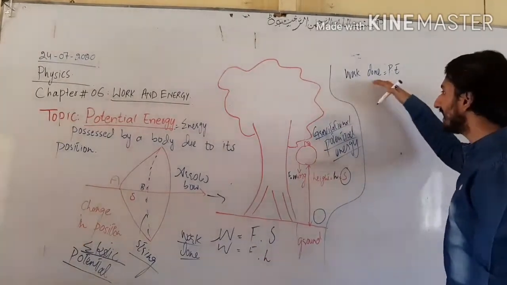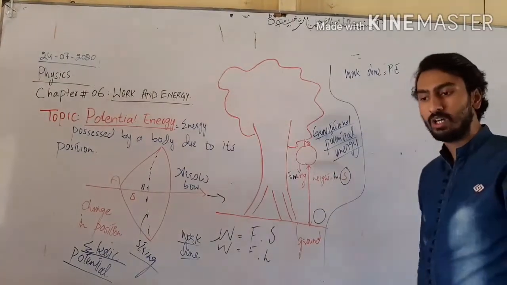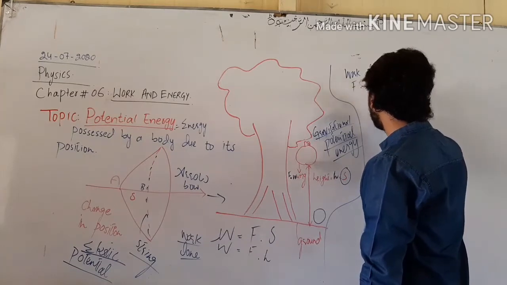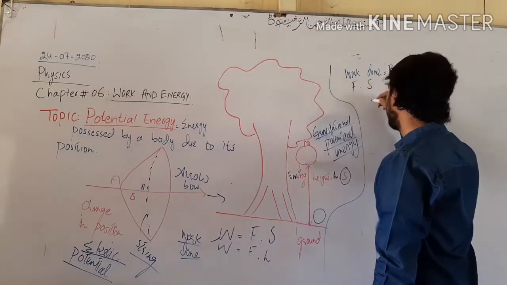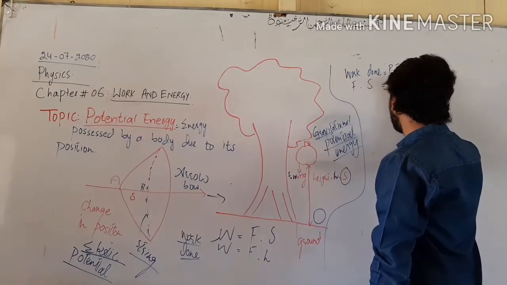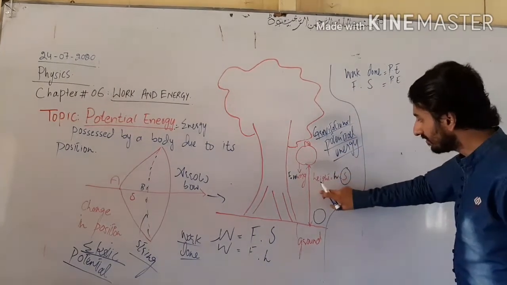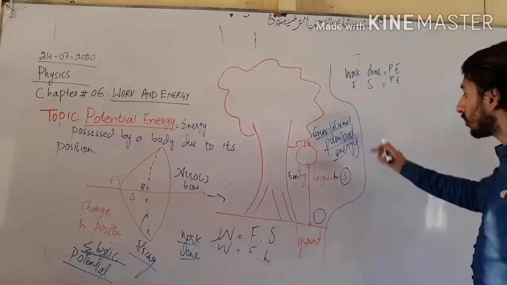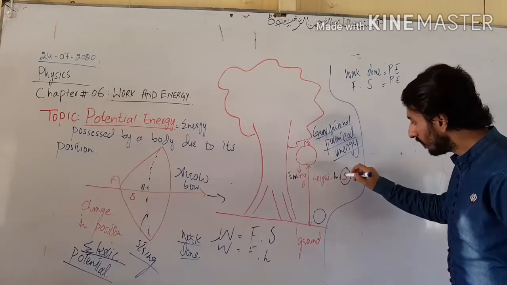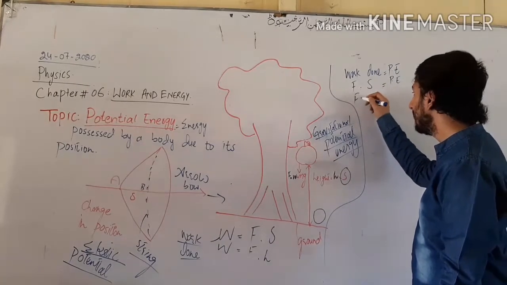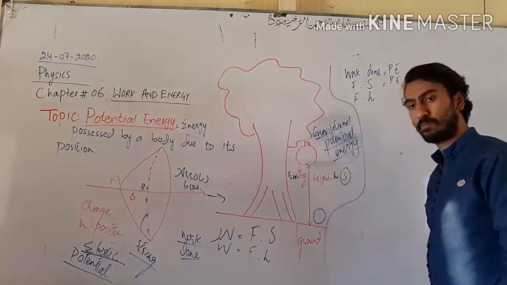This work done was due to the potential energy. Now we know that work done is equal to F dot S, force and some displacement. Now in this case, this distance was equal to height. So I am going to replace this S with H.